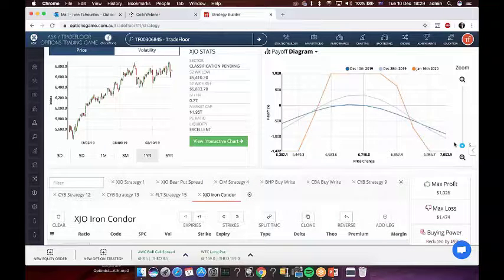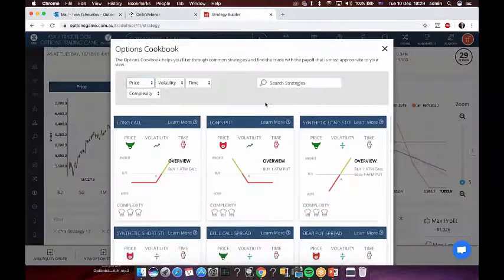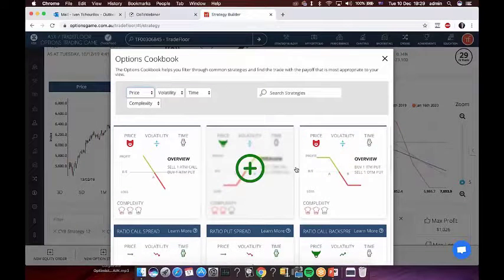In the options cookbook, you would have noticed these small payoff diagram views. They are very important to understanding what you're trying to achieve and how the payoff diagram relates to your view of the market. How are you using options to express your views in the market?